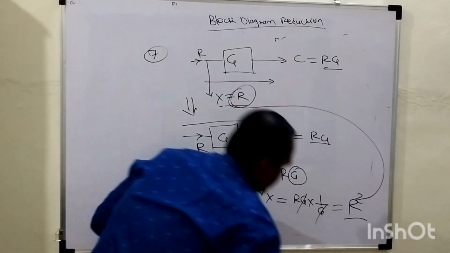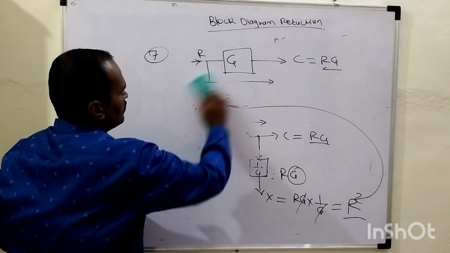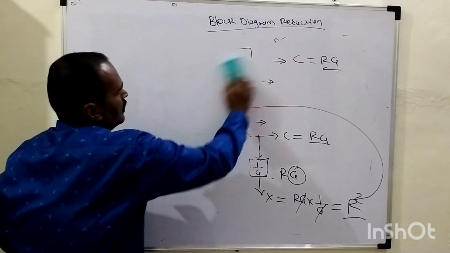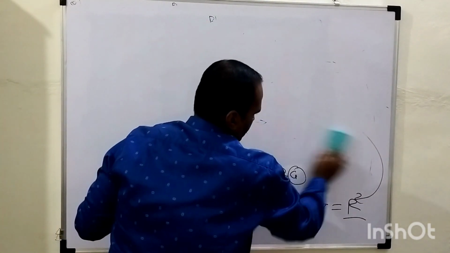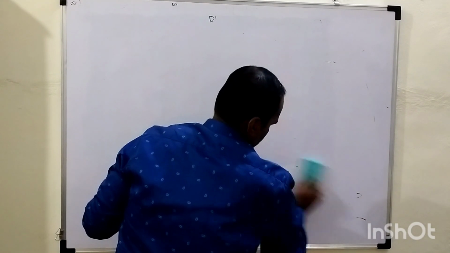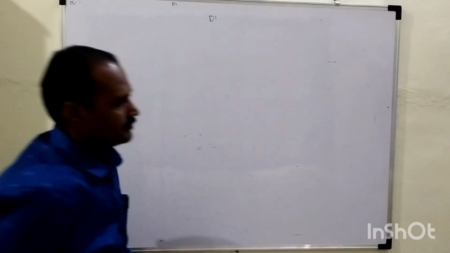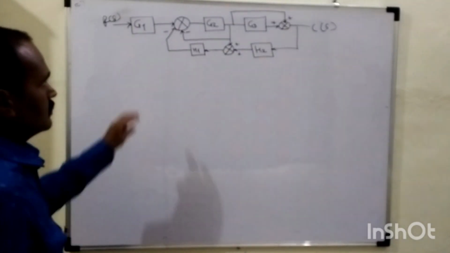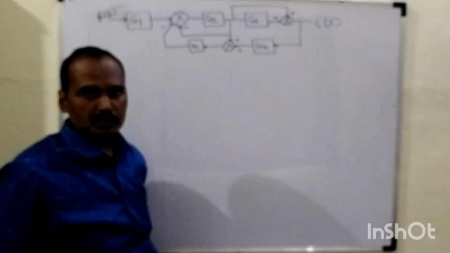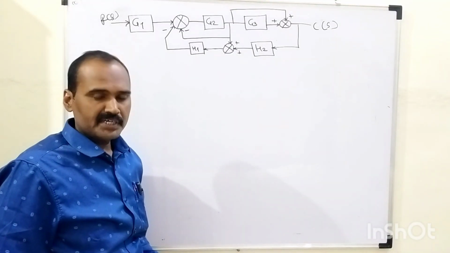After this rule, now we will try to discuss one very important example belonging to this block diagram reduction technique. Okay, so this is the numerical belonging to the block diagram reduction technique.